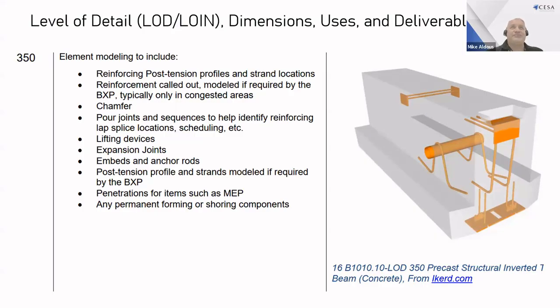A lot of this is codified in other ways, whether it be SANS standards or various other things. But if you are going to be doing advanced 5D time and cost modeling, then the model needs to be appropriate to a level of detail that allows you to extract the correct information to be able to drive that. So 350 is typically the most advanced that we tend to look at, and only for very specific applications.